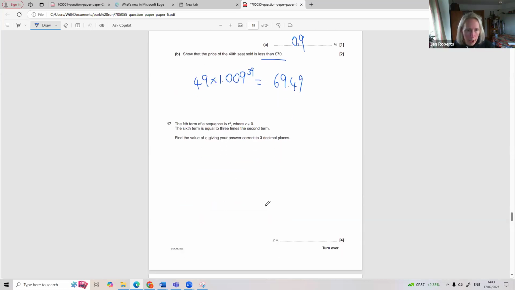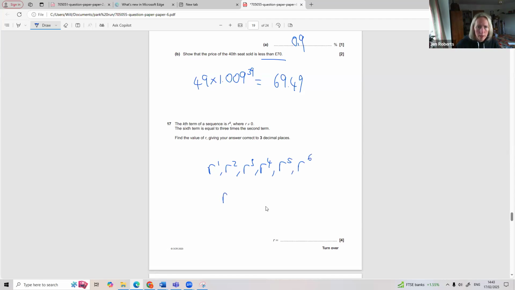The kth term of a sequence is r to the power k, where r cannot equal 0. The sixth term is equal to 3 times the second term. So we've got our first term, second term, third term, fourth term, fifth term, sixth term.